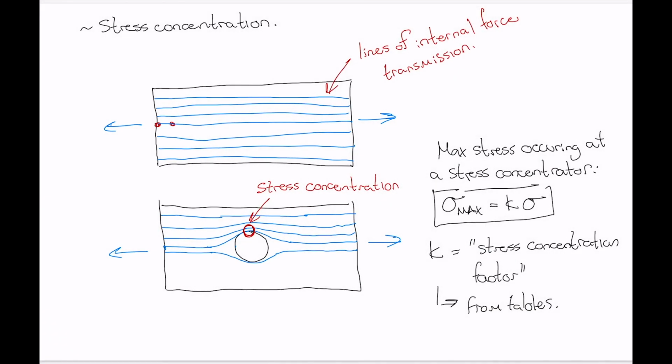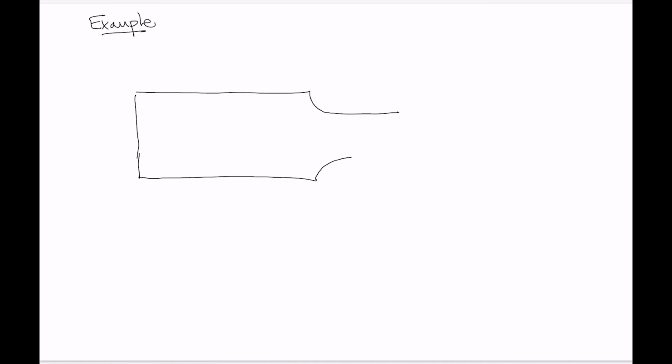Okay, so let's do one example with stress concentrations. They're pretty basic things. Let's say that we have a flat plate that looks like this. We've got a fillet down to a smaller portion here.